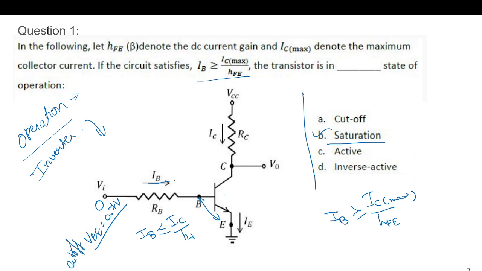After that, if this current is sufficient, it will be in the active region. And once we have the current greater than or equal to IC by beta, it will be in saturation. So there will be no IC minimum.